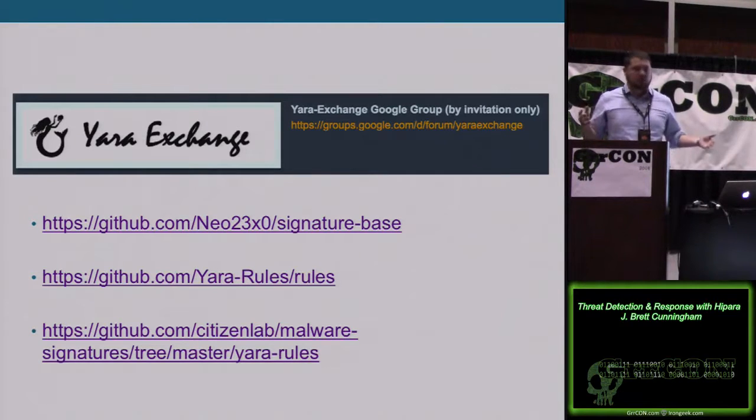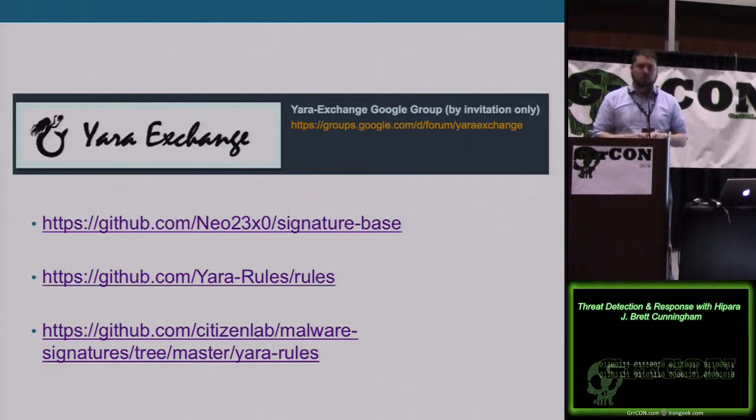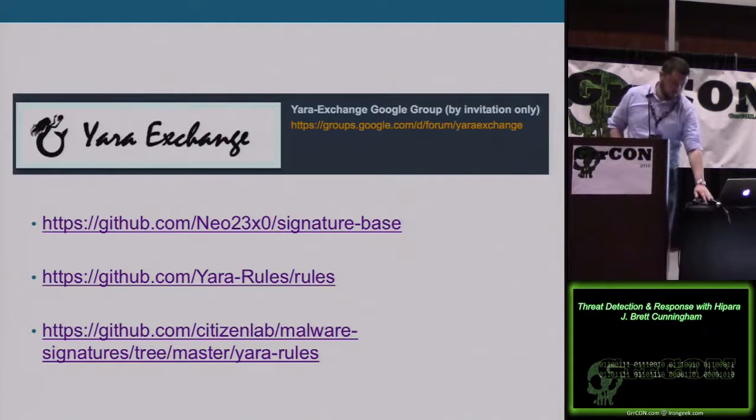But other than that, just go ahead and apply. You'll get in. And then there's a couple Git repos where there's absolutely hundreds, and I think the second one has over 1,000 YARA signatures, and it's updated on a pretty frequent basis. I'll make sure that with the GrrCon staff that these links are on the website so that you can follow up with them afterwards.